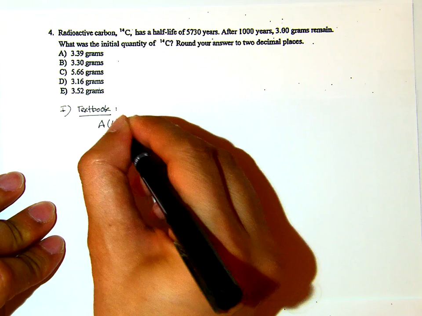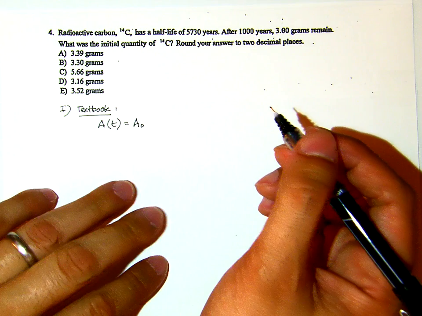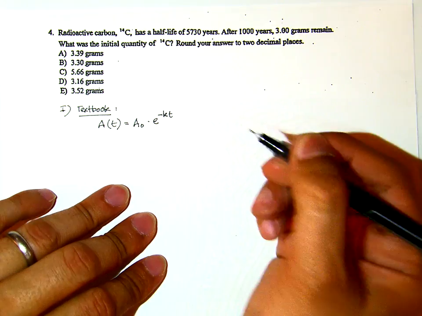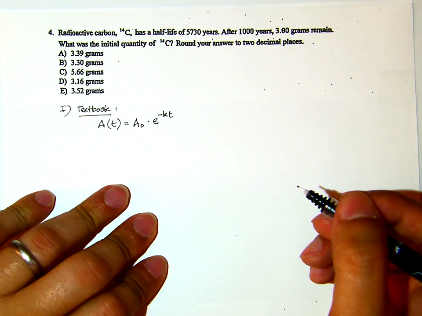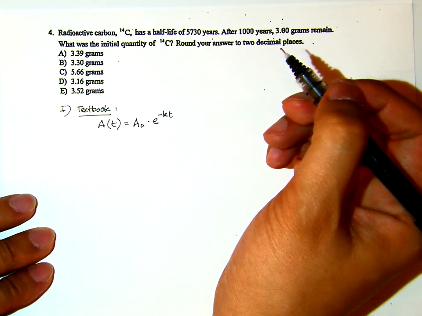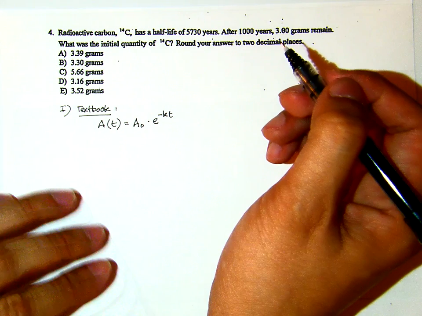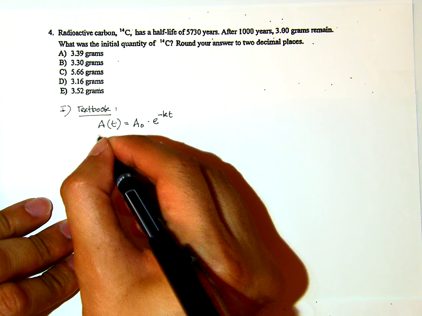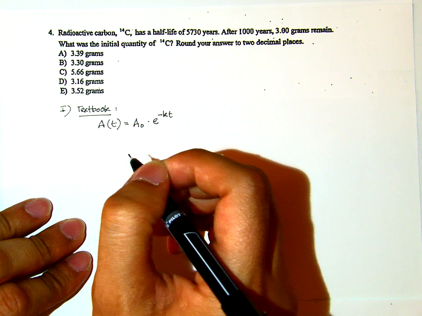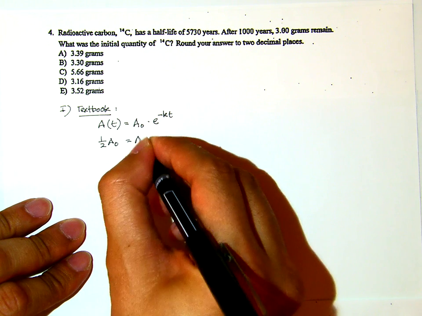The amount after time t is equal to the original amount or initial quantity times e to the power of negative kt. Now, from the given information, the half-life is 5,730 years, which means after 5,730 years, the amount will be half the original one.